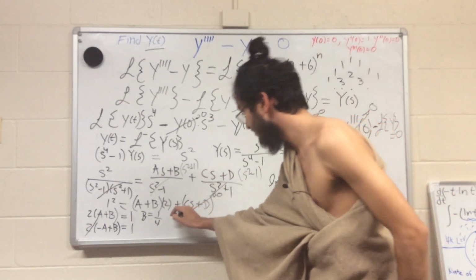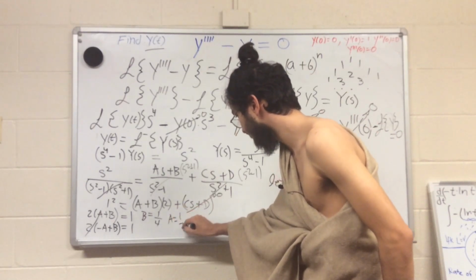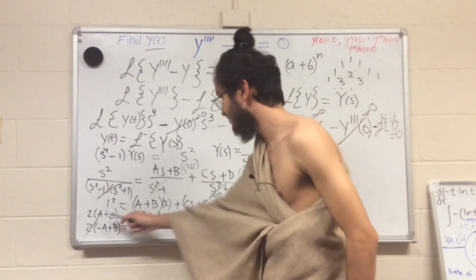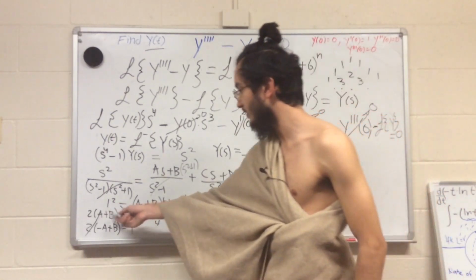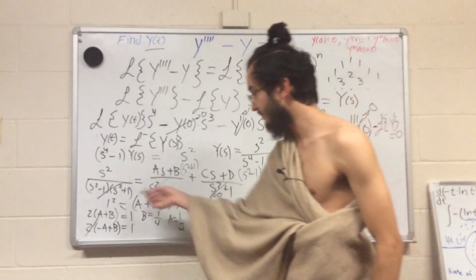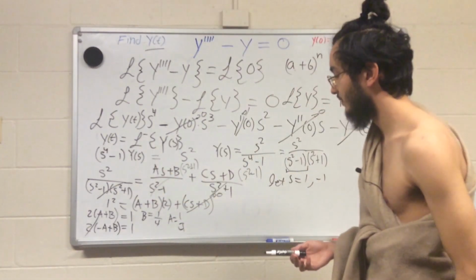So then we get that a is also 1/4. And you can clearly see that by just testing some values over here. So 1/4 plus 1/4 gives you a half. A half times 2 is 1. So that works, right?